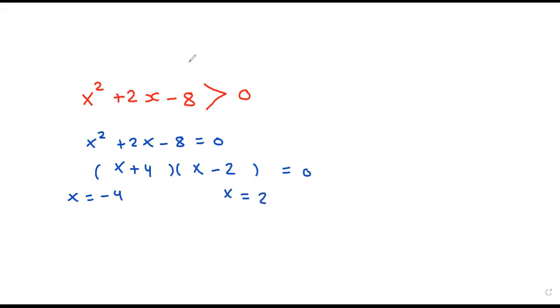When x equals minus 4, the value of the expression will be 0. When x equals 2, the value of the expression equals 0.